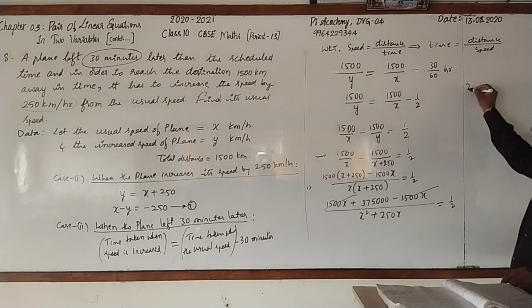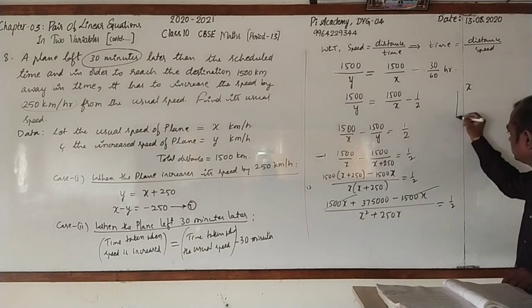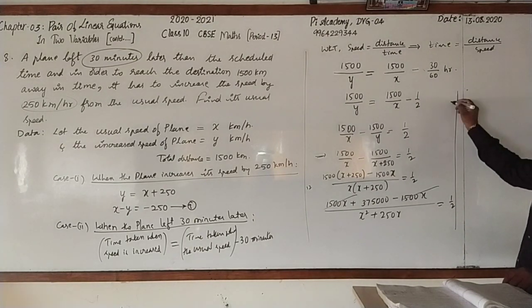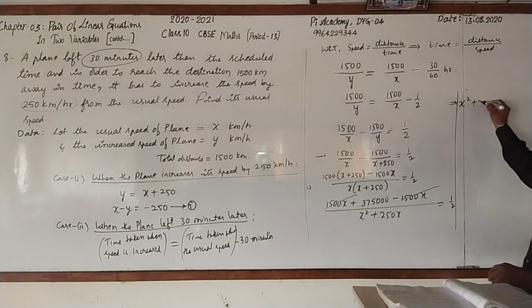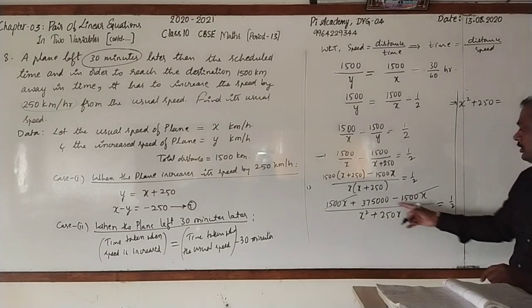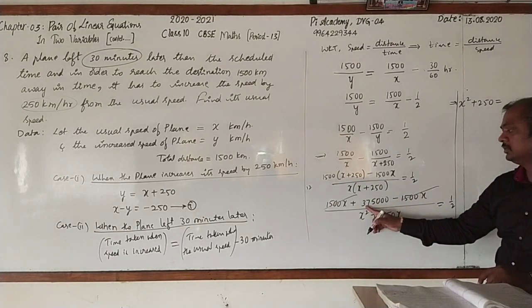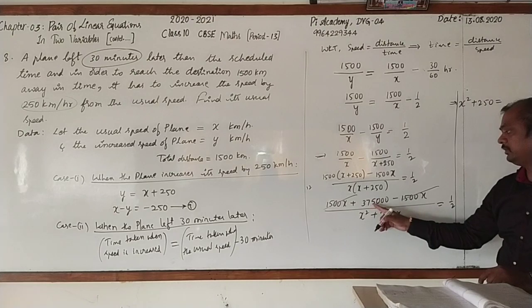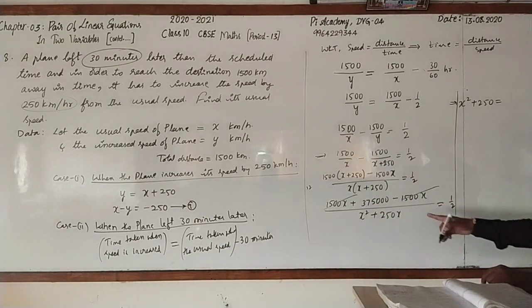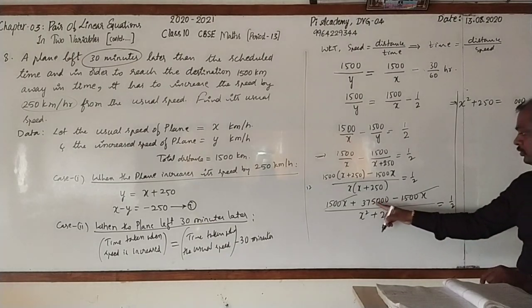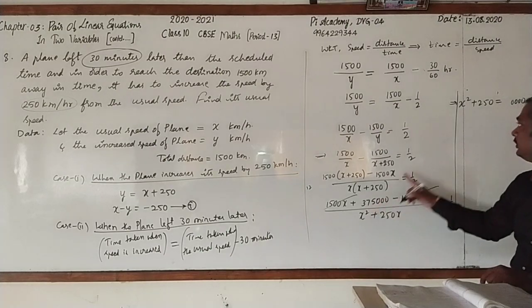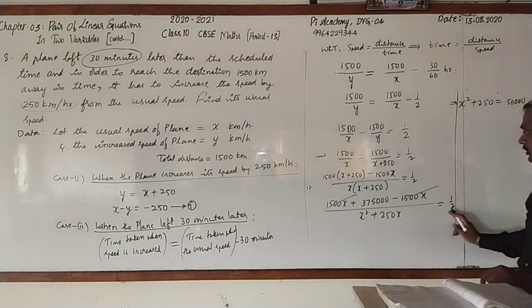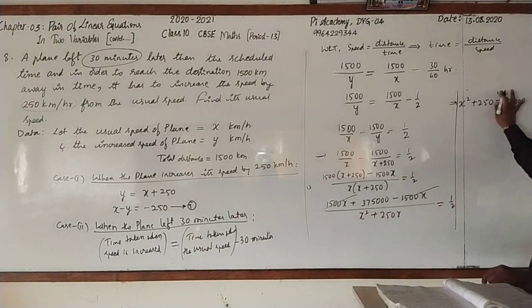It is x square plus 250x, cross multiplication: 375,000 into 2. 2 fives are 10, carry 1. 2 sevens are 14 plus 1, 15, carry 1. 2 threes are 6 plus 1, 7.